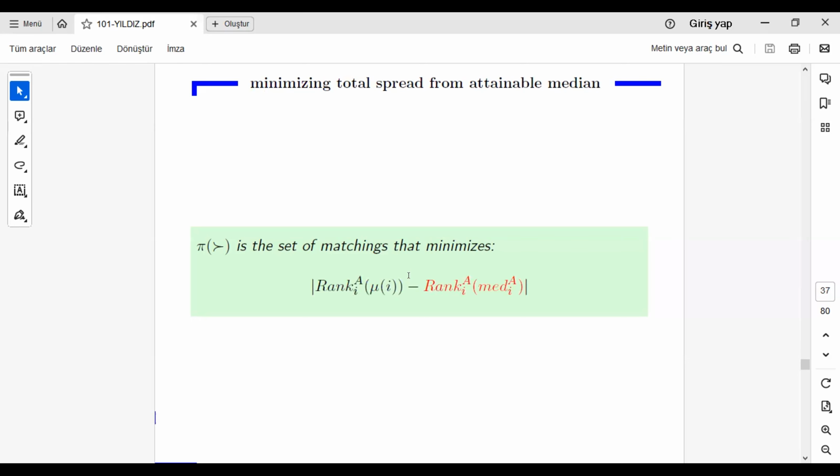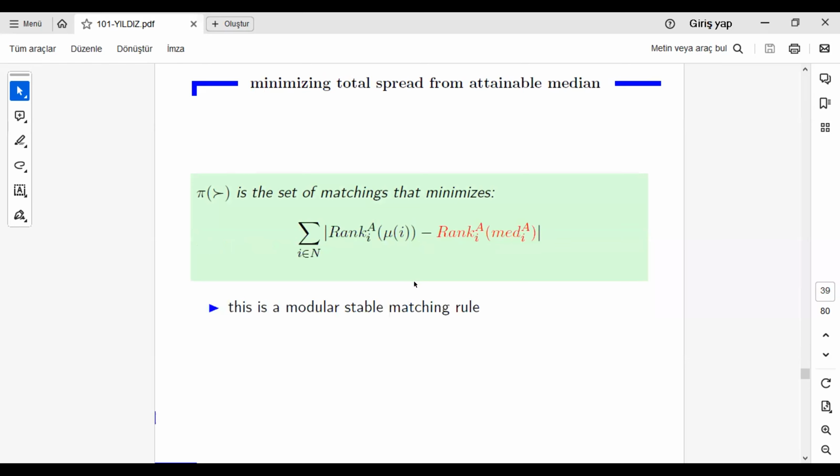So for each agent i, take any matching and any agent and record the rank achievement of that agent with his or her mate, and subtract from that the rank of his or her median mate.